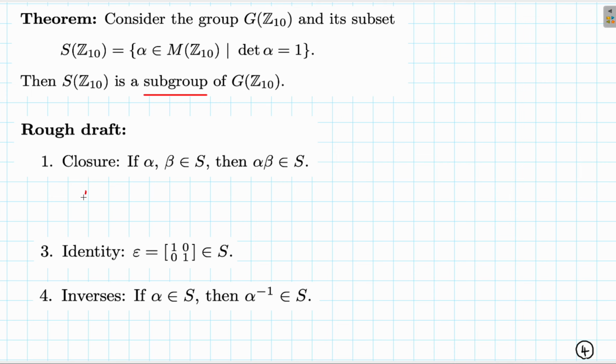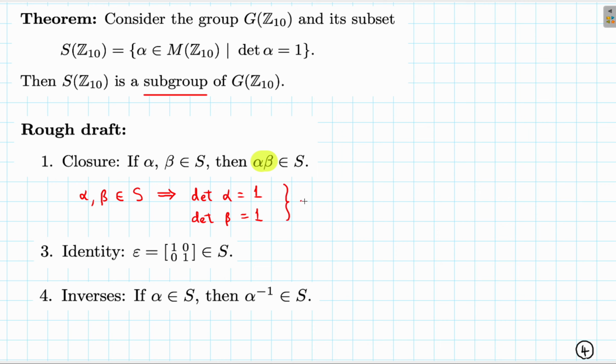Well, if alpha and beta are in S, so that's kind of our starting point, what do we know? To be in S means that their determinants are both 1. So we know that the determinant of alpha is 1, and also the determinant of beta is 1. Our goal is to show that alpha times beta is in S, so we need to show that alpha times beta has determinant 1 as well.